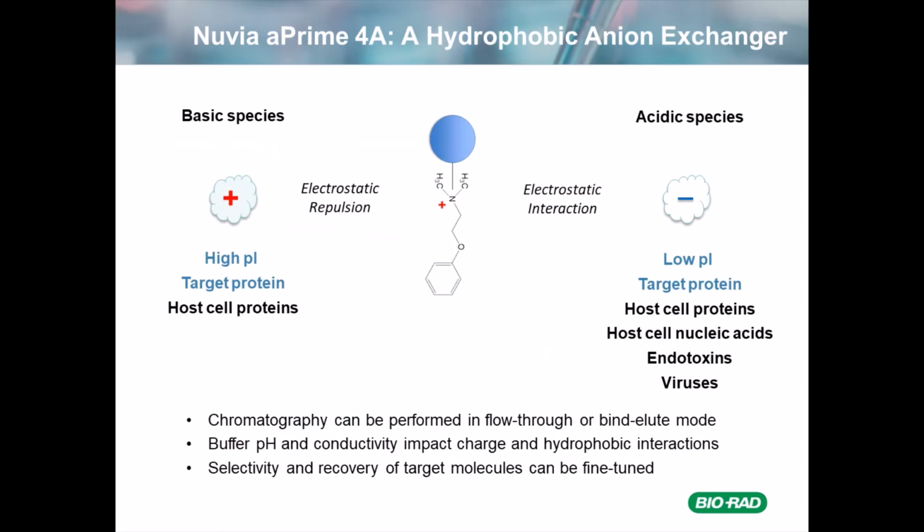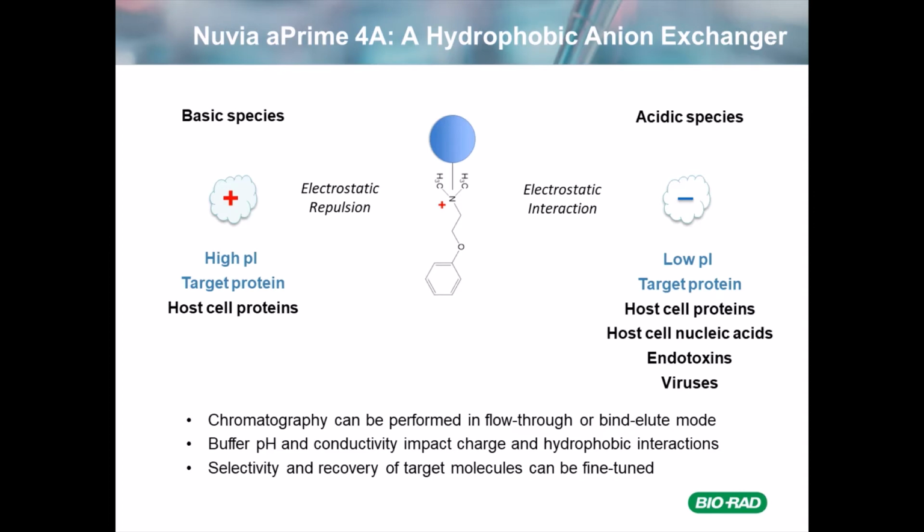How about a hydrophobic anion exchanger? The example is Nuvia aPrime 4A. Similar to Nuvia C Prime, we have a hydrophobic structural moiety built into the ligand. That's a phenyl group. And then we also have a positive charge on the ligand.